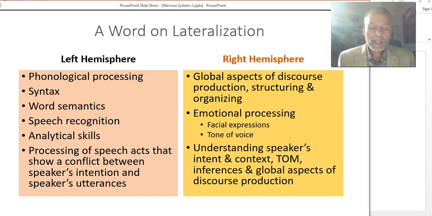What about the cerebellum? Can you describe it? Where is it located? Basically, it is located posteriorly and inferiorly to the cerebral cortex.